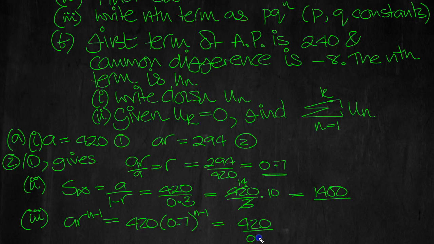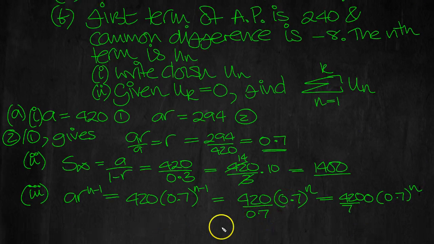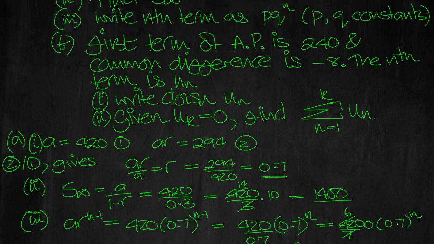So divide by 0.7, and that way we can write 0.7 to the n, can't we? So 420 over 7 times 10 times 0.7 to the n. Save using a calculator, and that's equal to, 7 goes into 42 6 times, so 600 times 0.7 to the power n. Okay, that's part 3.